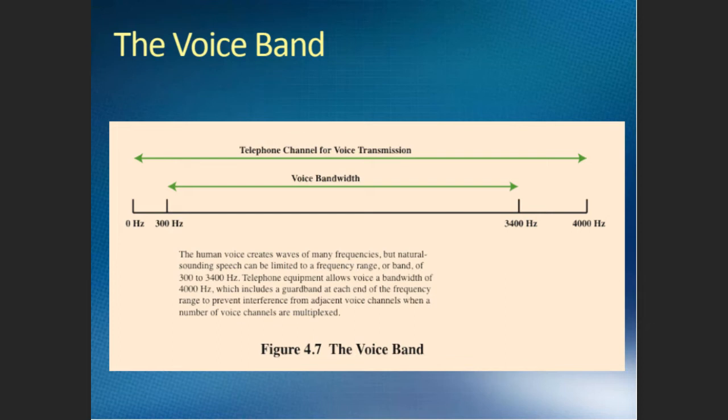Why do we have this extra? So that it does not interfere with other signals. That's one of the reasons. This will prevent interference from other signals. We call this the guard band. So they limited the voice to 3,400.